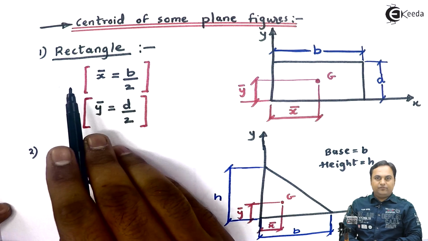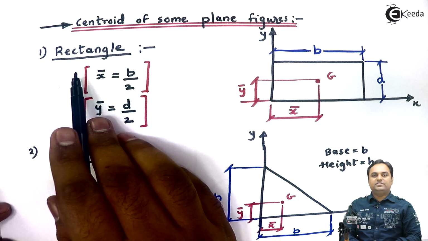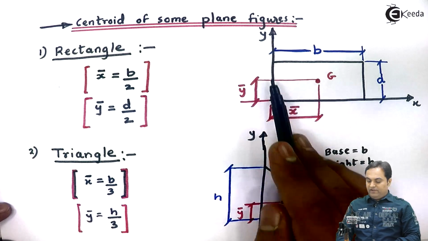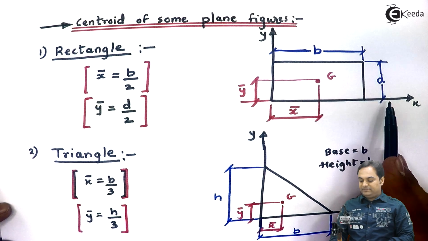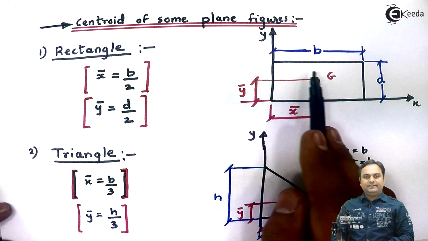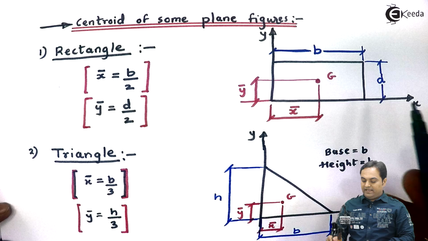Let us start with the first lamina, or we can say plane figure. The first one is a rectangle. Now if we have a rectangle whose width is b and height is d, for a rectangle the centroid is located at the intersection of the diagonals.